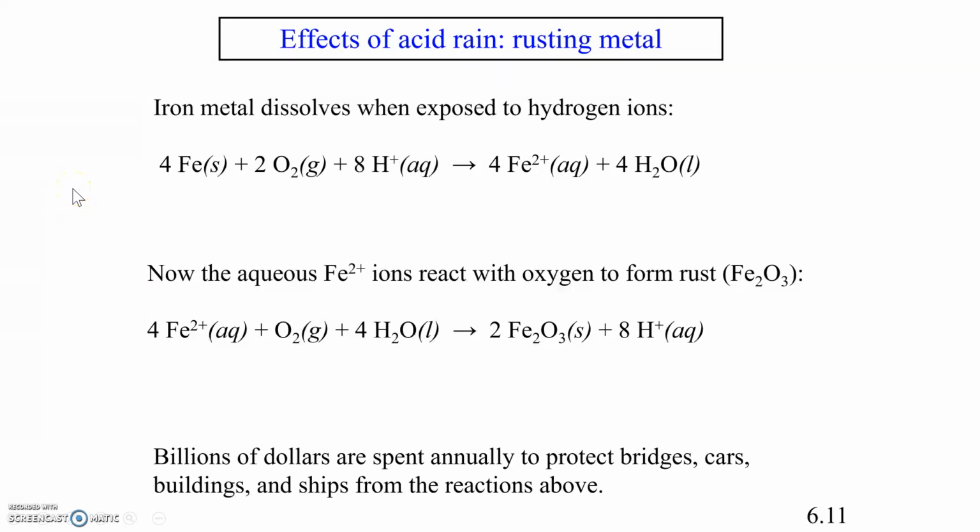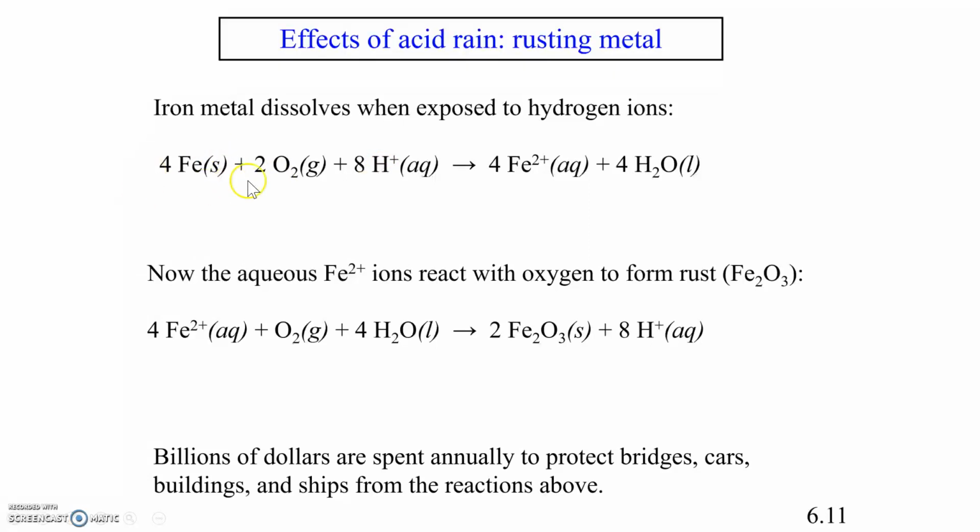There are a couple of things that we'll look at. The first is rusting metal. Metal contains a lot of iron. Our steel contains iron. A lot of our metal structures, such as bridges, cars, and other infrastructure, contain iron. When we react that iron with hydrogen ions, H+, we dissolve some of that solid phase iron. So you apply acid to these structures.